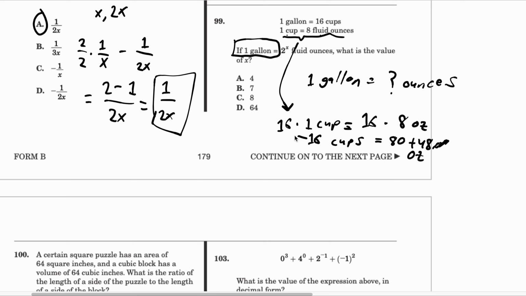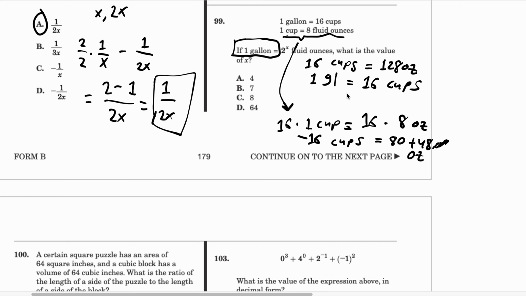Okay, so let me rewrite that, erase some stuff. So we know 16 cups is 128 ounces. And then from our first equation, we know that 1 gallon is equal to 16 cups.